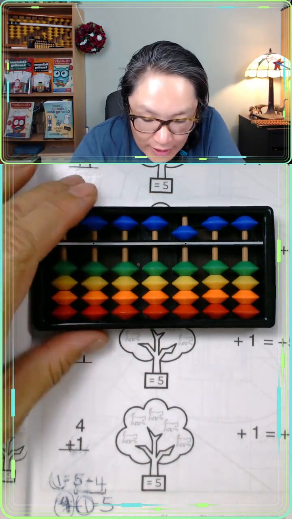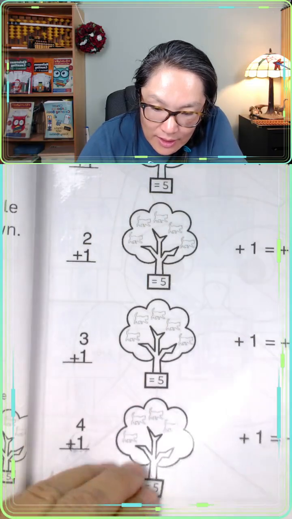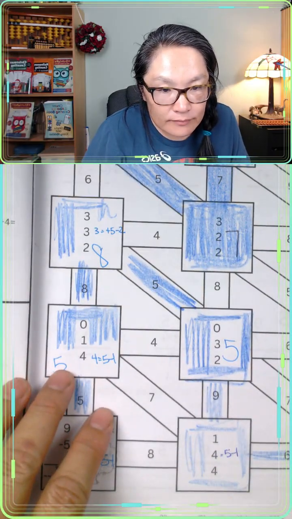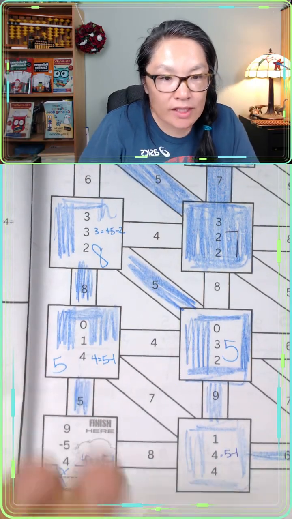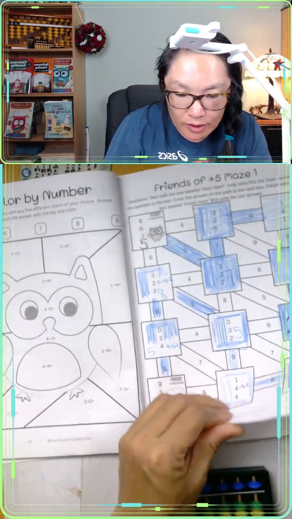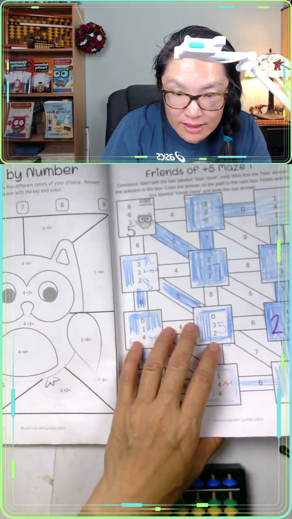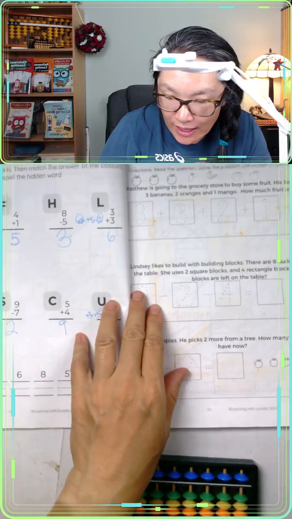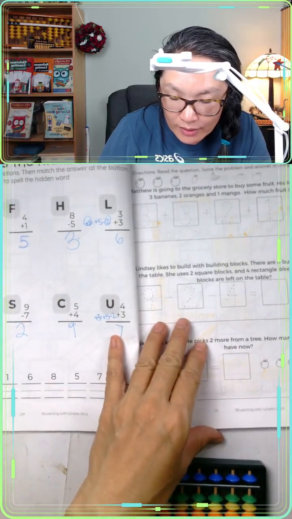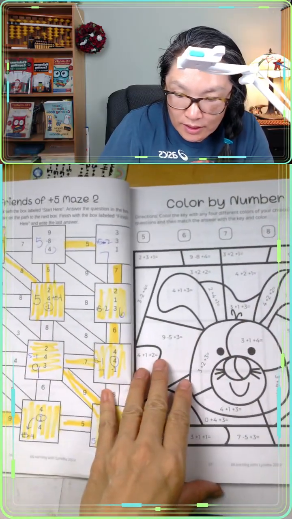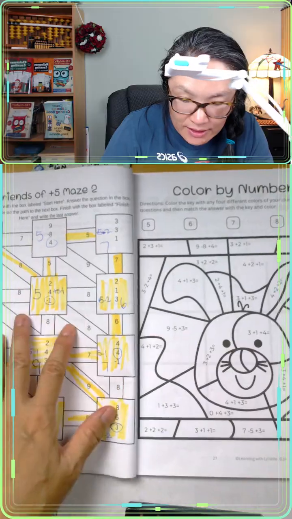So what we're looking at is understanding the concept. The rest of the book is about solidifying the concepts. We have color by number, we have the mazes, and the mazes are still talking about this. Then we have the hidden word, word problems, and mazes again.